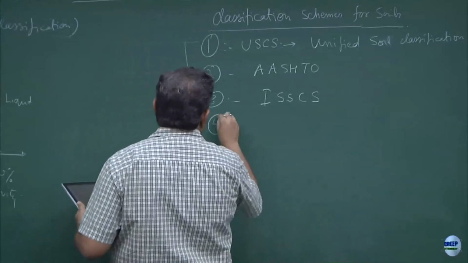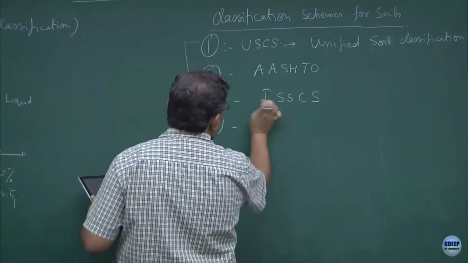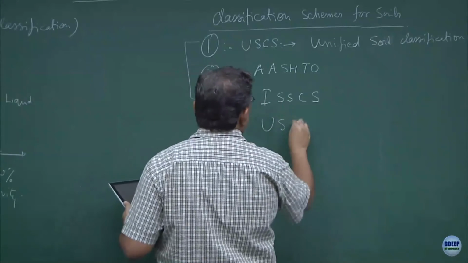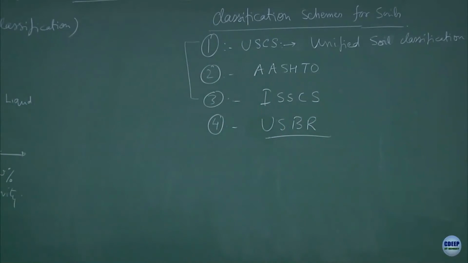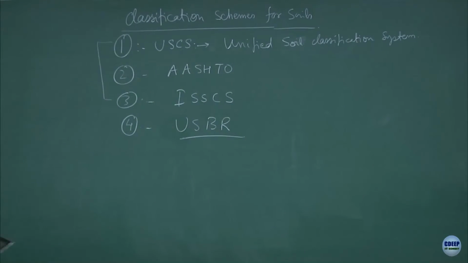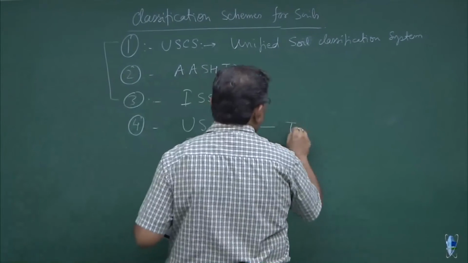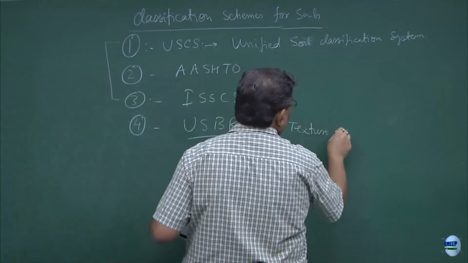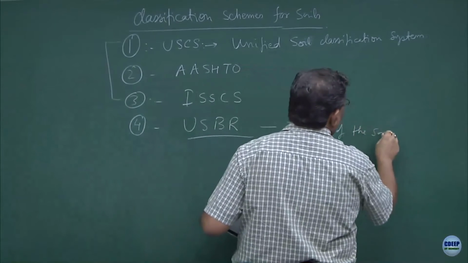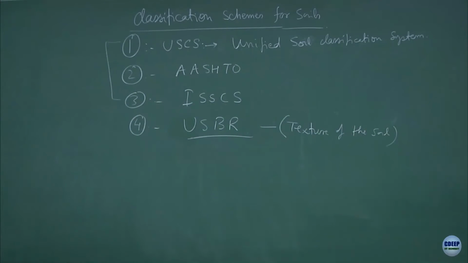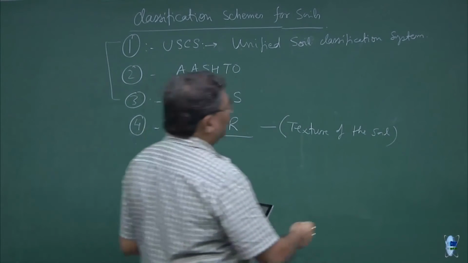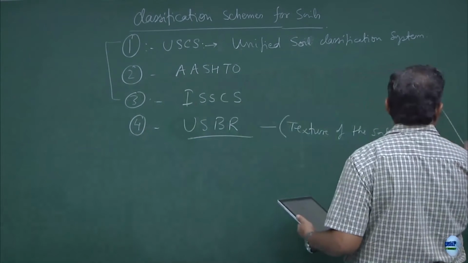The fourth one is what we call USBR. This is based on the texture of the soil. Not very much used in the engineering practice, but those of you who might be interested in tomorrow in agriculture engineering would be using it much more. So, this depends upon the texture of the soils.